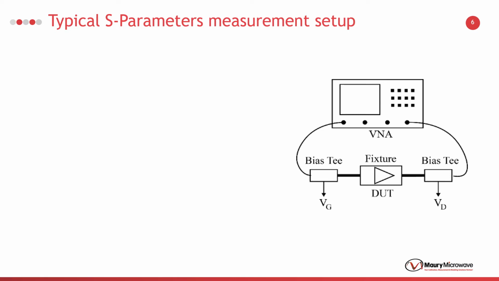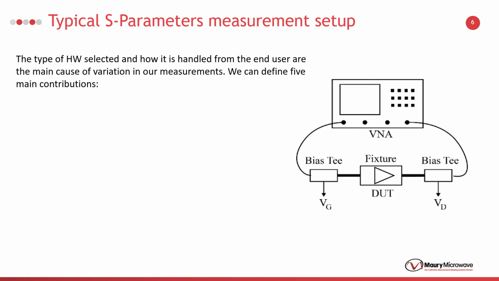And the type of hardware selected for the measurement and how it is handled by the end user during the measurement is the main cause of variation in the measurements. And we can define 5 main contributions for S parameter measurements.